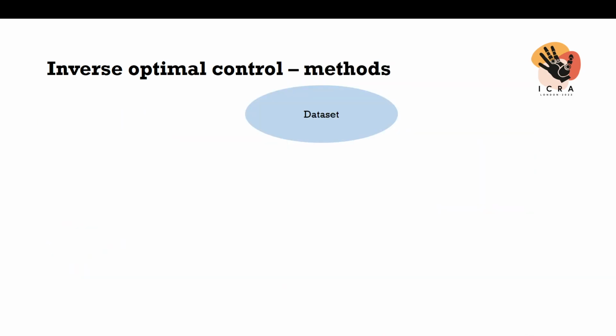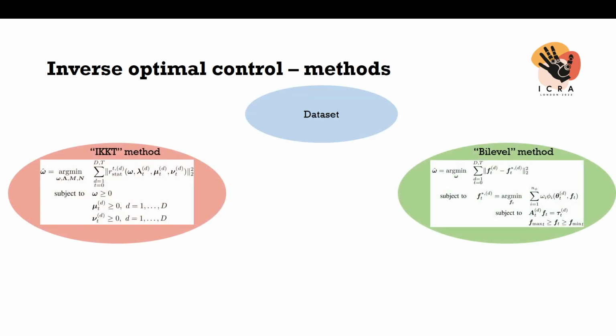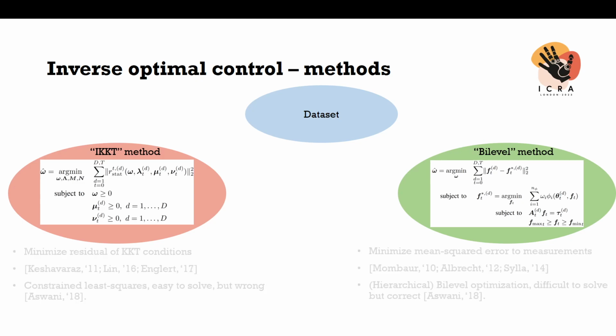Once we have the data set, we can use two different methods from the literature to find these weights. Both are often but not always called IKKT and bilevel method. Their properties are as follows.